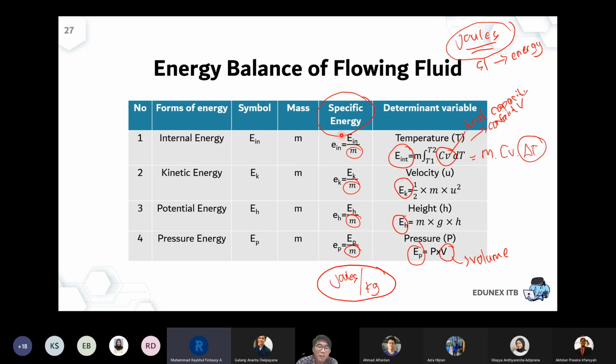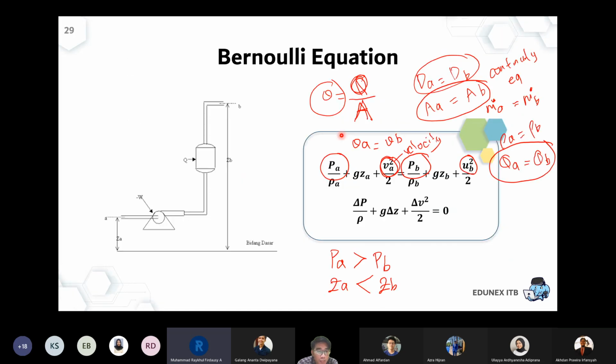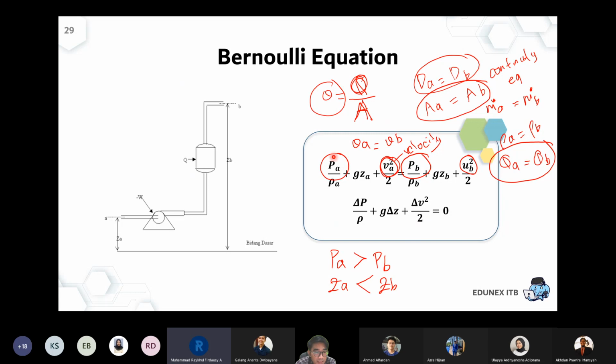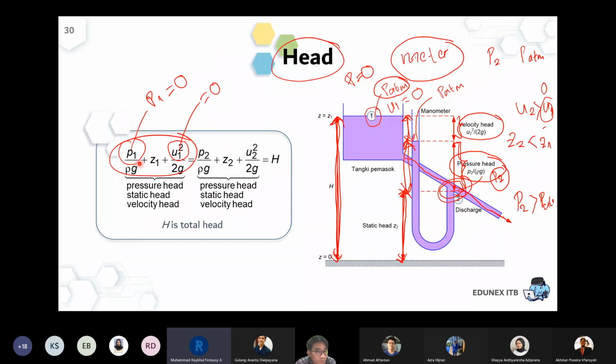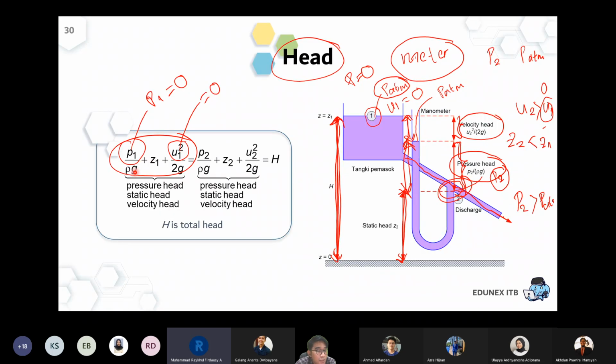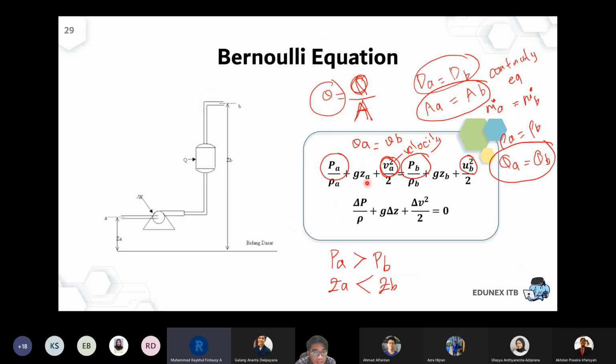Karena massanya kan konstan terus ya. Jadi sebetulnya bisa juga kan dinyatakan sebagai energi per massa. And then you can also divide it again by the density. Yeah, basically this is joule per kilogram, but then you divide it again by the gravitation.